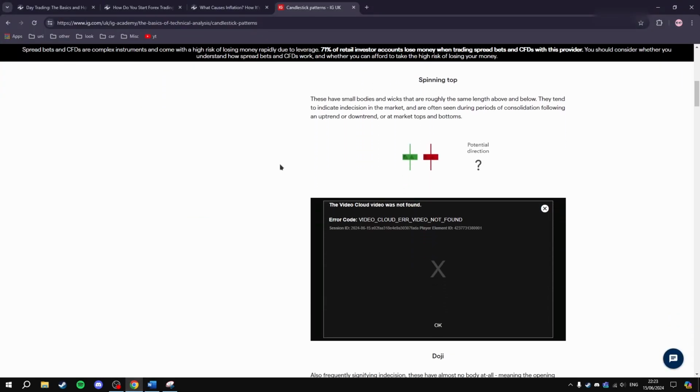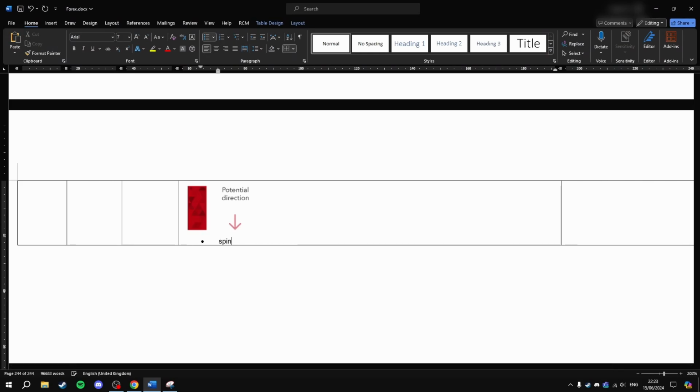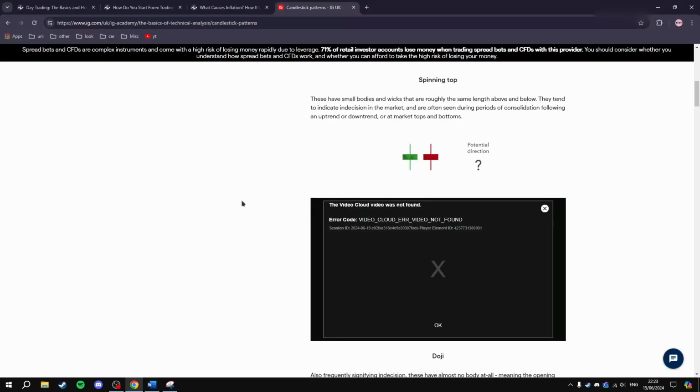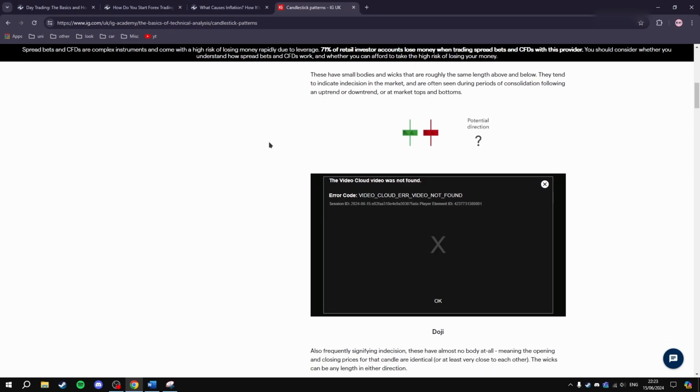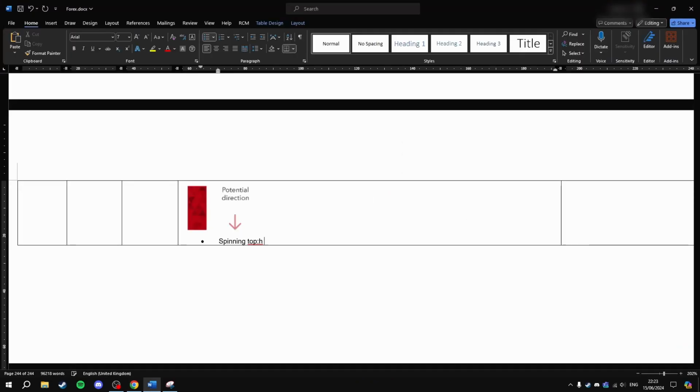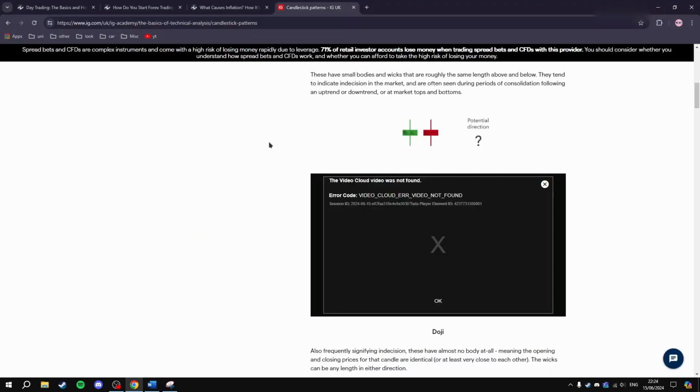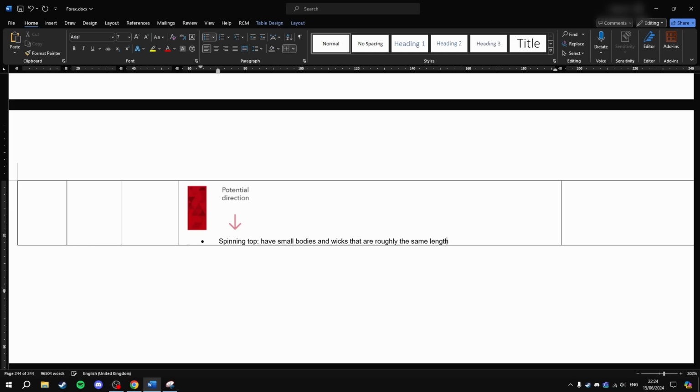So spinning top. Have small bodies and wicks that are roughly the same length above and below.